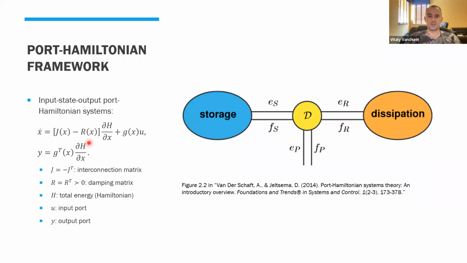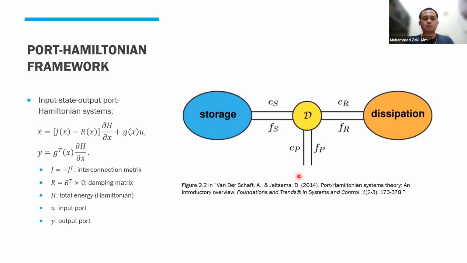So even if we set R and G to 0, the fact that J depends on X is already something. No. In this case, J can depend on X. It can also be just a constant matrix. Right. Now I'm saying that if it does depend on X, then it's no longer Hamiltonian. It's already what you would call Port-Hamiltonian. Yeah. Mm-hmm.